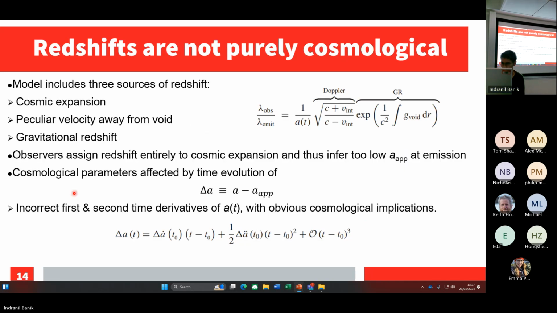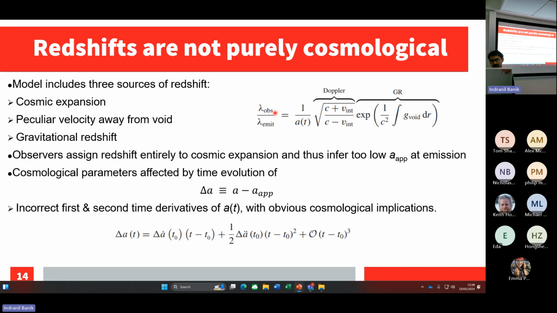Now, one important thing to understand, given what we talked about peculiar velocities, and given also that they might be much more significant than in ΛCDM, is that in general, redshifts of astronomical objects like galaxies, supernovae, are not purely cosmological. That should be fairly obvious by now, but there are other sources of redshift beyond the expansion of the universe. That is one of the terms.